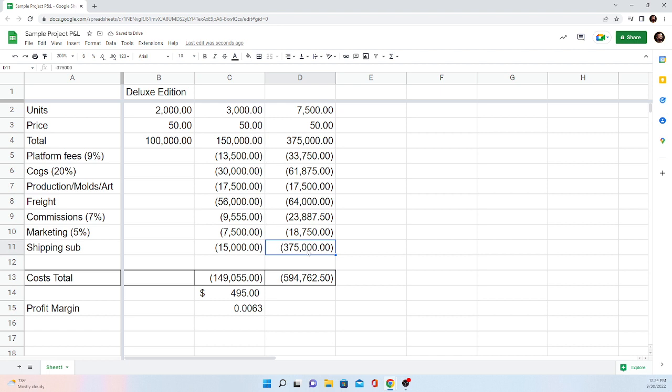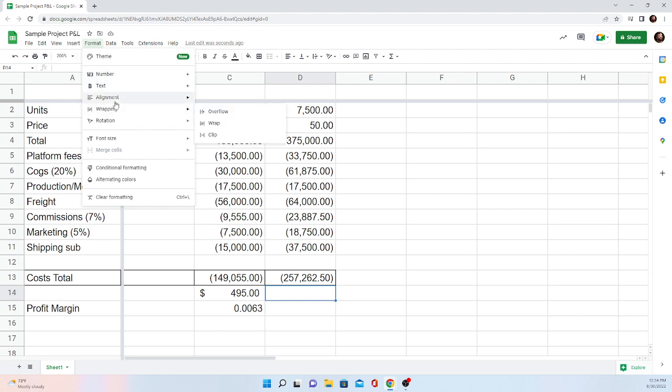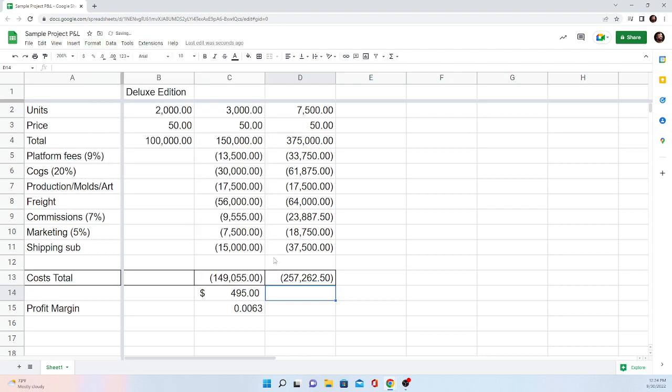Whoa, that's 300. I was like, wait a minute. I thought we did better this time. Okay, we've got some money left over this time. Yay, 375 minus 257,262.50 is... let me make sure this formatting is right on this one. I probably should have put it across the board on all of these. 117,737.5.